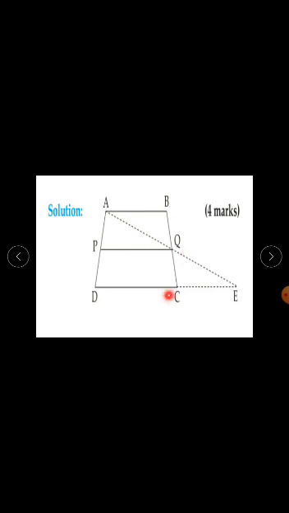This is from equation 1. Therefore, triangle ABQ is congruent to triangle ECQ by SAA test of congruency. And if two triangles are congruent, their corresponding sides are congruent by CSCT. Therefore, AB is congruent to CE and AQ is congruent to EQ by CSCT.